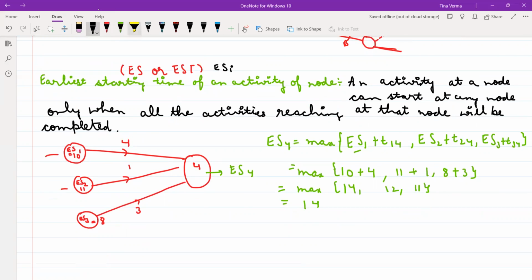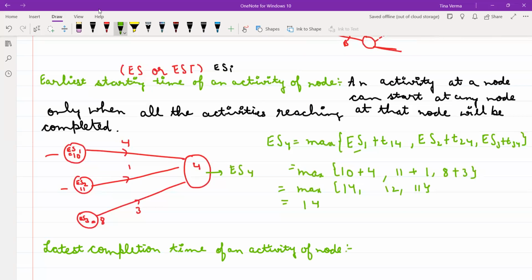Okay, next definition is latest completion time. Sometimes we denote it by LC or LCT, or if I write with the subscript, LCI or LCJ, that is denoting the latest completion time of the ith activity.